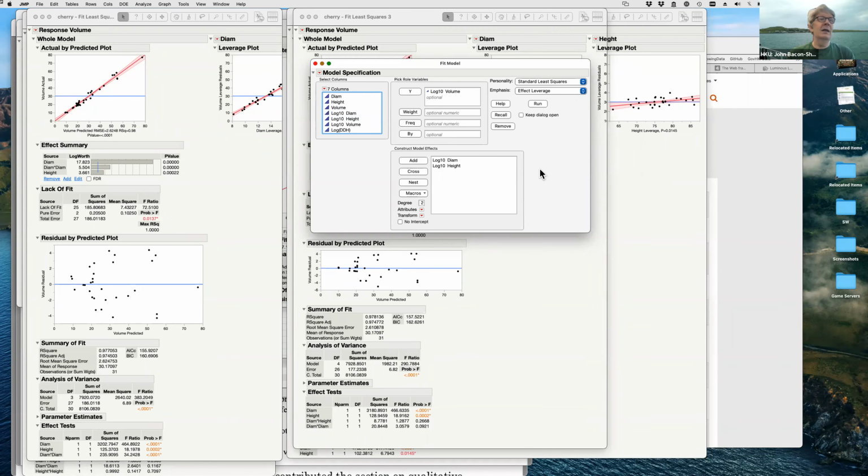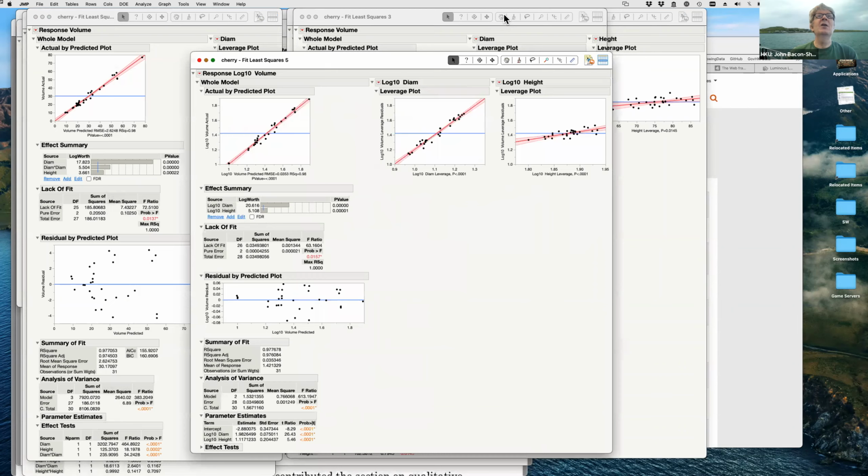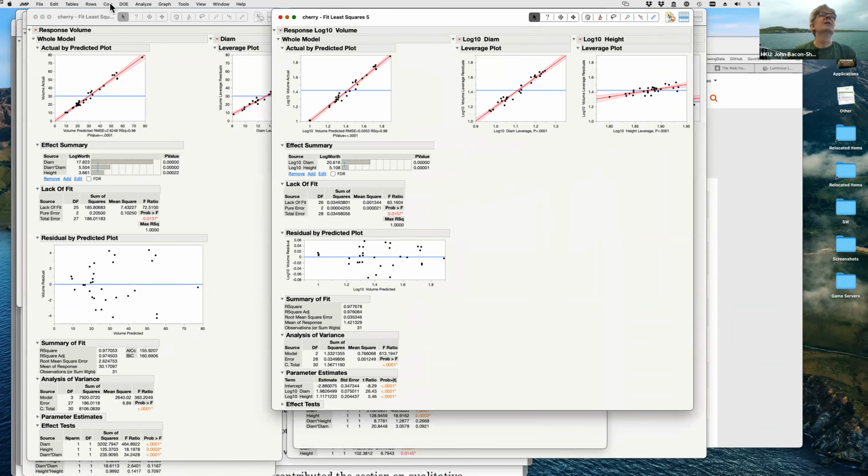Okay? Now, when we do this, unfortunately, we cannot compare directly the AIC and the BIC anymore with those other ones. I can calculate it, but you'll see we get minus 100 and something.